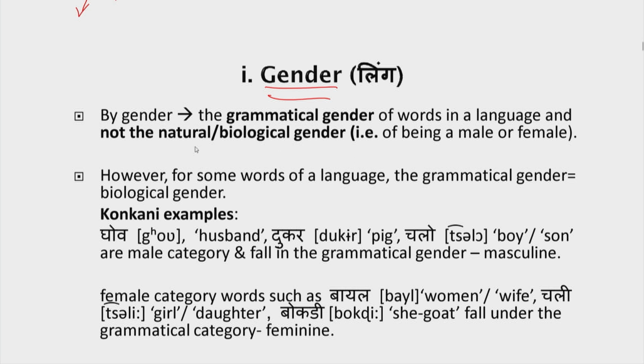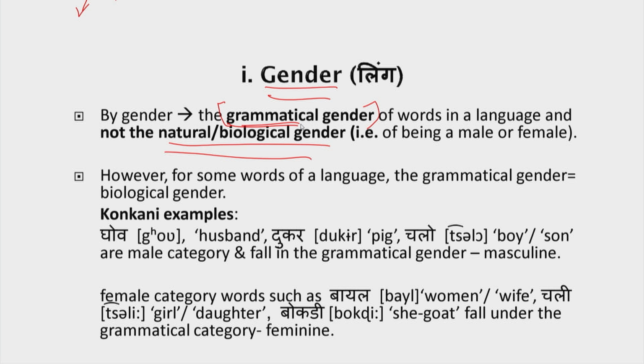So biological gender or natural gender given by the nature to an entity or an object or a person is of being a male or a female. However, what we are referring to as gender is the grammatical gender. That is how the language assigns a certain gender to a certain word.